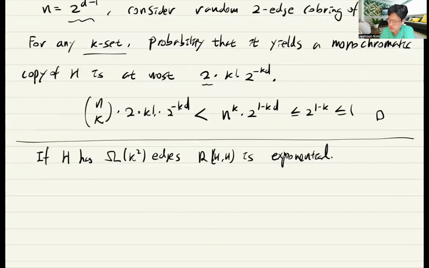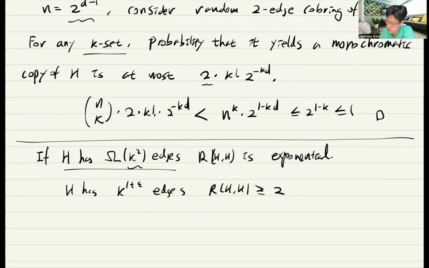And even if it has less than quadratic, if H has k to the 1 plus epsilon edges, this already says that the Ramsey number is exponential in some polynomial, so it is large.